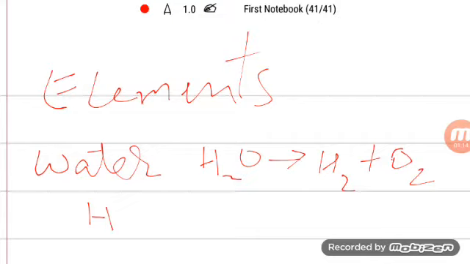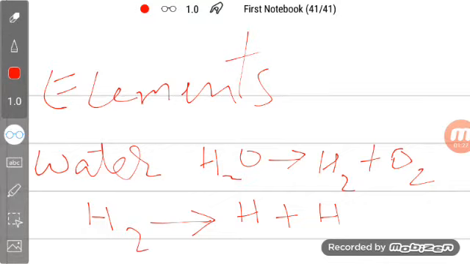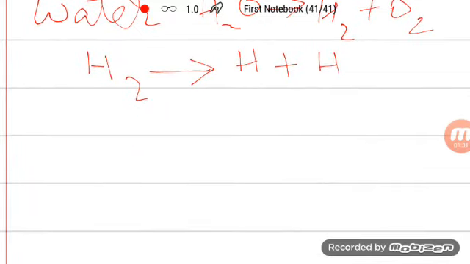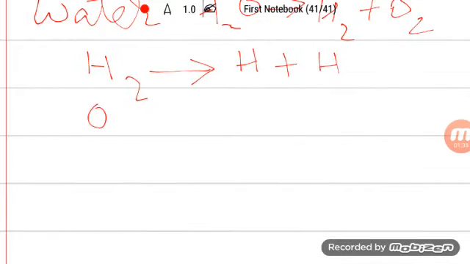Now if you break down this hydrogen molecule, two hydrogen atoms will be produced. If you break down this oxygen molecule, two oxygen atoms will be produced.